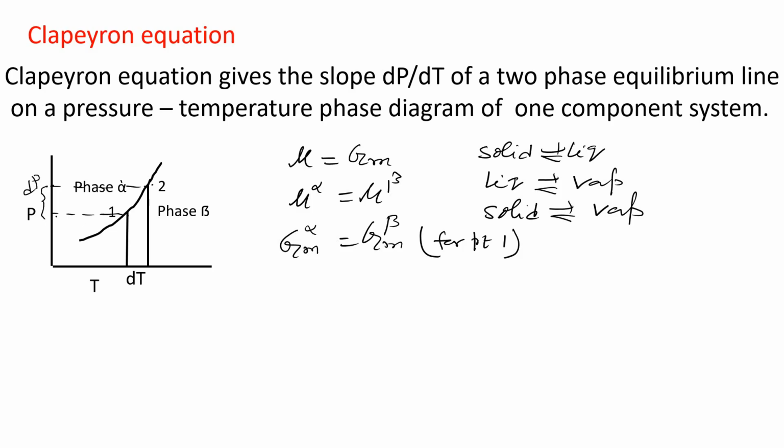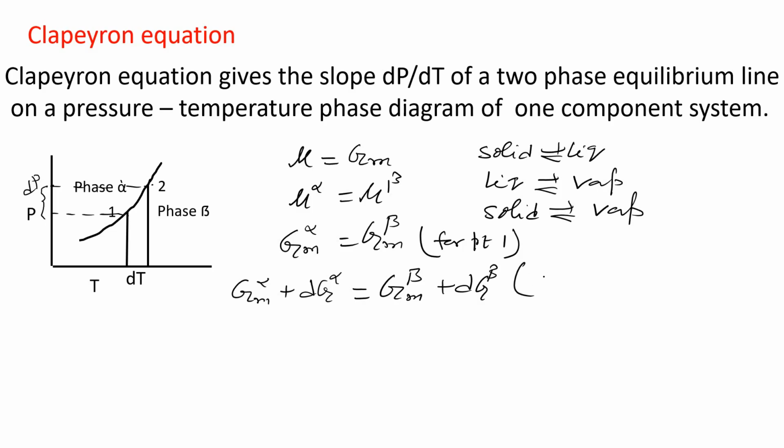So at point 2 also the chemical potential or the molar Gibbs free energy of the two phases will be same. Now suppose when it has moved from point 1 to point 2, the change in the Gibbs free energy in alpha phase will be dG alpha and in beta phase dG beta. So what can I write? At point 2, Gm alpha plus this change part, that is dG alpha, is equal to Gm beta plus dG beta.